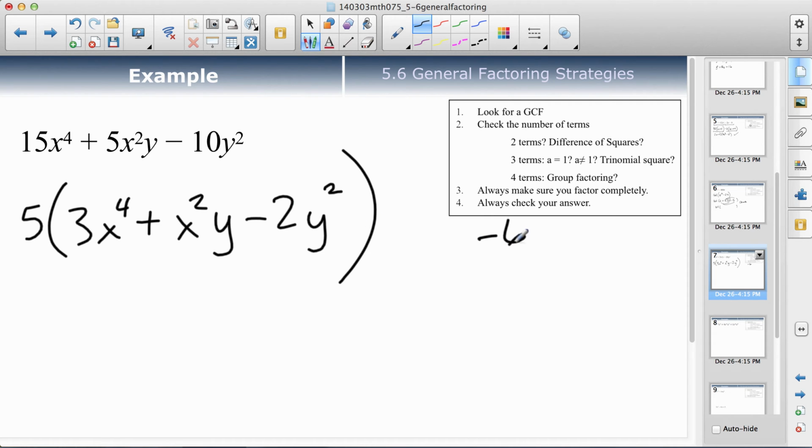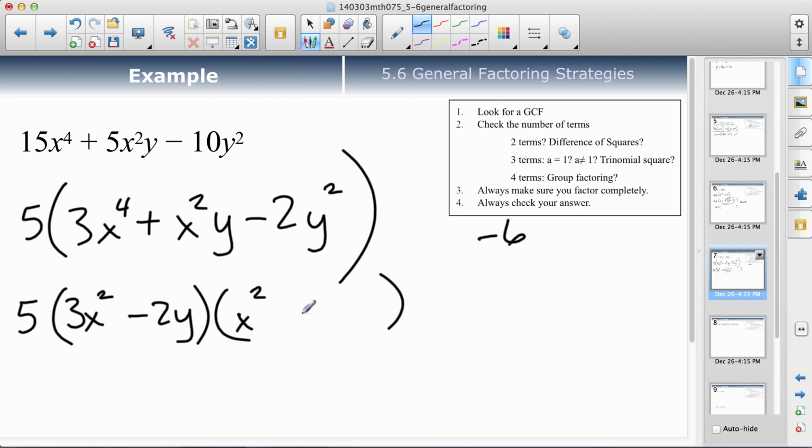So things that multiply to a negative 6, I'm actually just going to try and guess this one and see if it'll work. Okay, so I'll split this into 3x^2 and x^2. The 2y^2, why don't I split it into maybe minus 2y here and a positive 1y over there.